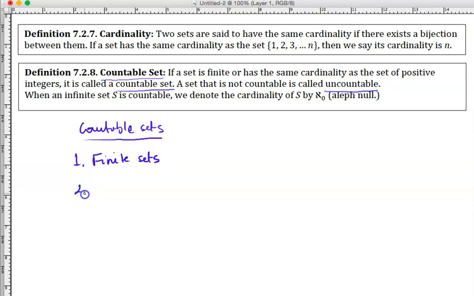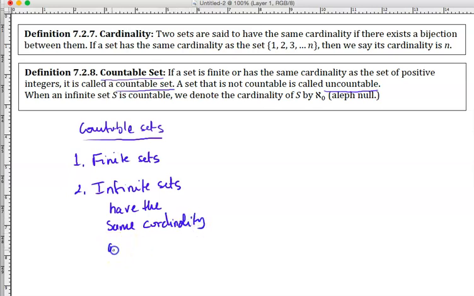But for infinite sets, infinite sets that have a one-to-one correspondence, that have the same cardinality as the set of positive integers, are called countable.